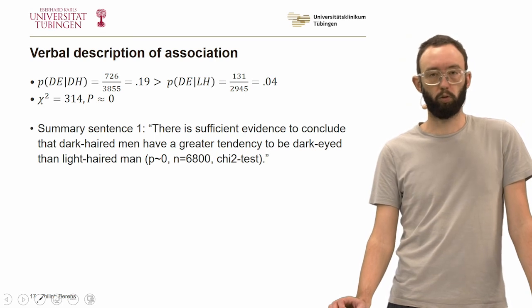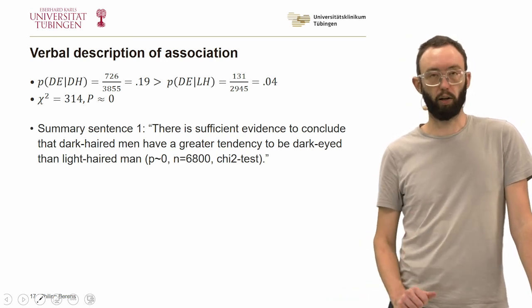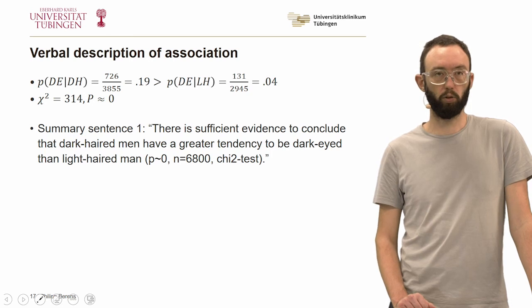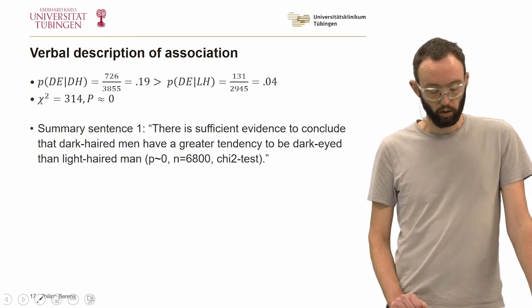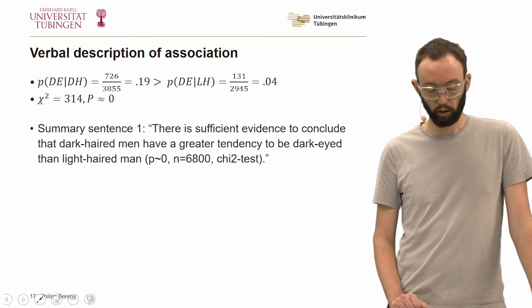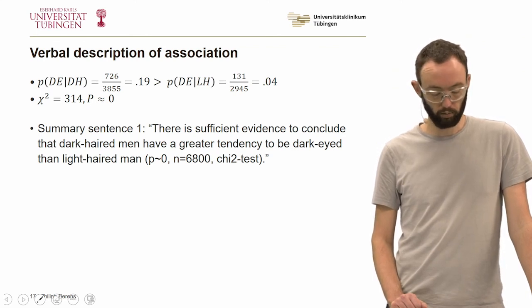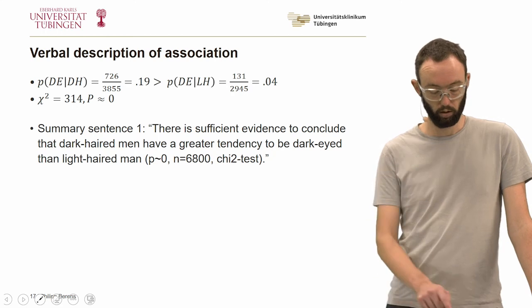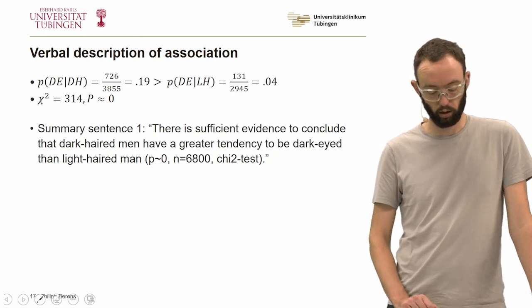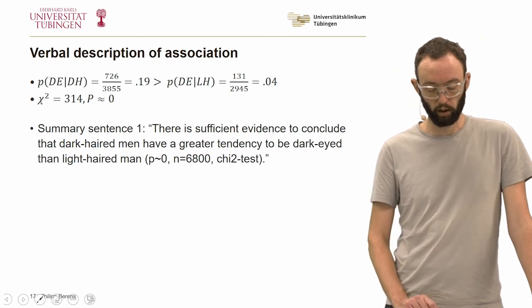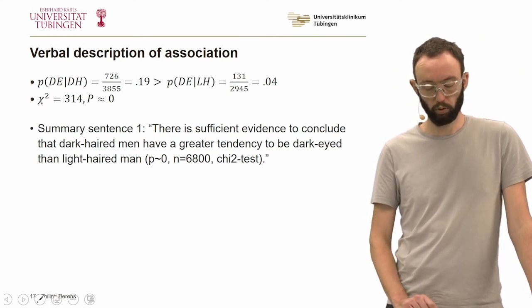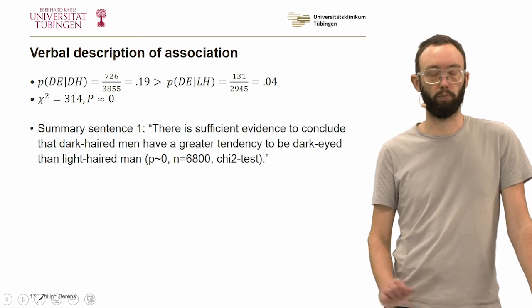So how do we phrase the result of that analysis? One possibility for the summary sentence would be: there is sufficient evidence to conclude that dark-haired men have a greater tendency to be dark-eyed than light-haired men, p-value equal to 0, looking at 6,800 people with a chi-square test.